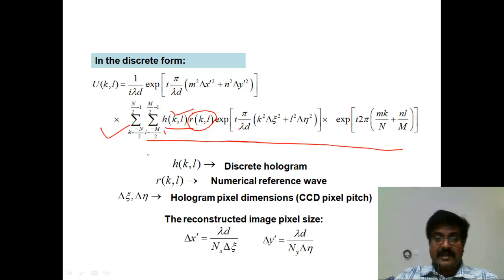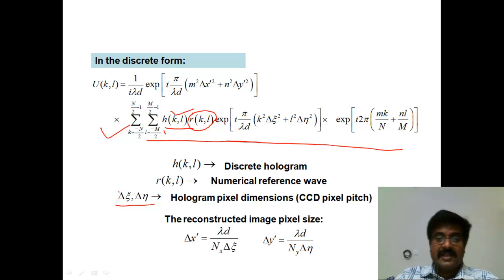where delta psi and delta eta are the detected pixel dimensions. The hologram has pixel dimensions the same as those of the CCD, and the total number of pixels in the hologram is equal to the total number of pixels present in the CCD sensor.